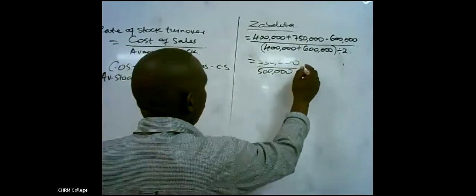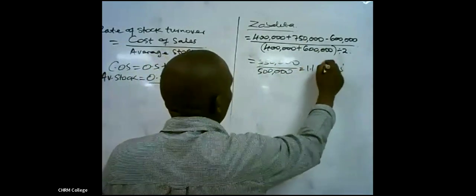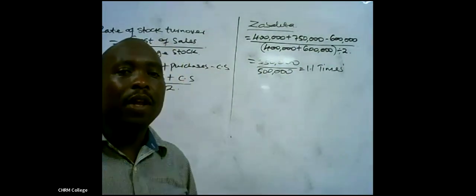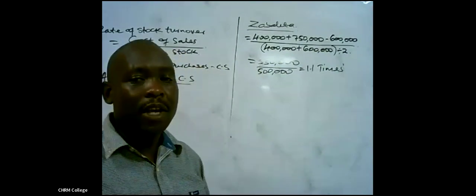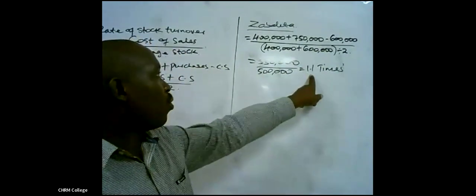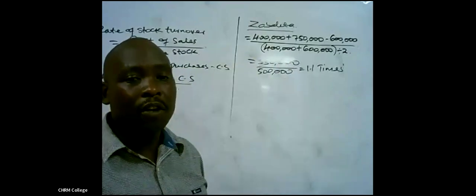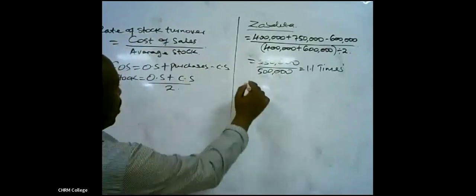So this one gives you an answer of 1.1. When it is turnover ratios, we normally record in number of times. It is the number of times you are replacing your inventory, or converting your inventory into sales in a period. So it is 1.1 times.